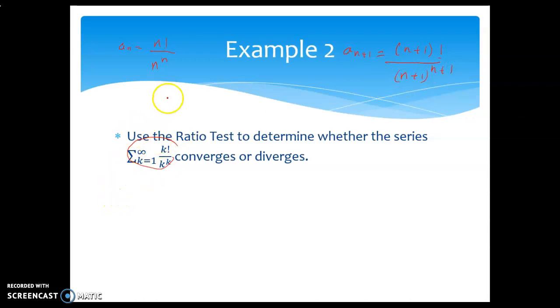And then now we're going to find the limit. So limit as n goes to infinity of this quantity.